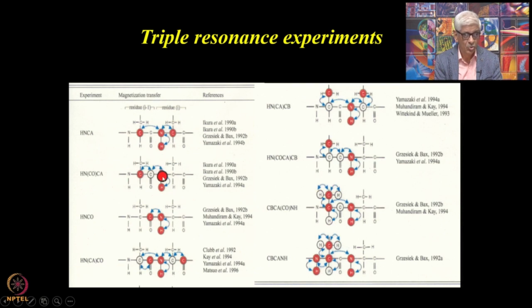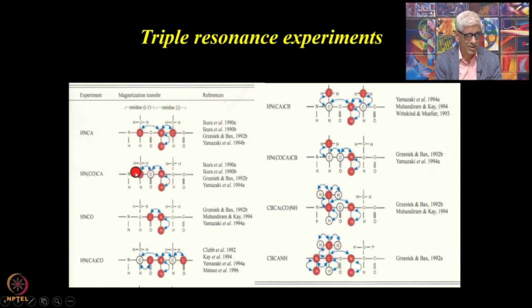Notice we do not go to this C alpha, we go to this C alpha. How do we do it? In the previous case we went directly from the nitrogen to the C alpha. We transferred magnetization from the nitrogen to the C alpha. Here we do not do it. We transfer from the nitrogen to this carbonyl, and from this carbon we transfer to this C alpha. Therefore there is no question of going to this C alpha at all.